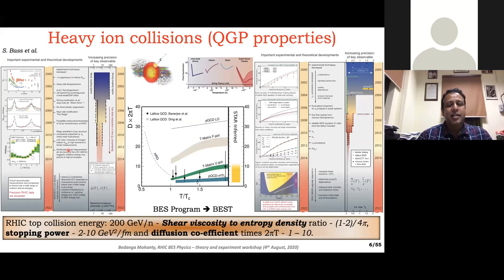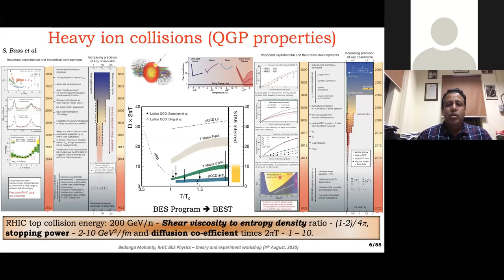This led to defining the stopping power of the medium, which is of the order of 2 to 10 GeV square per Fermi. Then using the collectivity measurements and development of relativistic hydrodynamics led to obtaining the property of shear viscosity to entropy density, which is of the order of 1 to 2 times 1 by 4 pi.